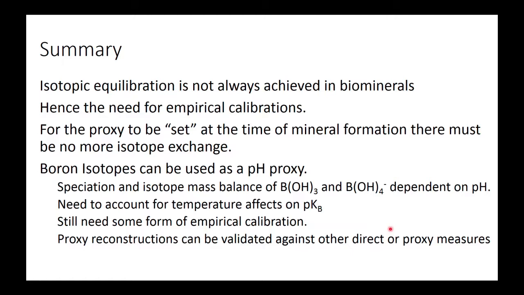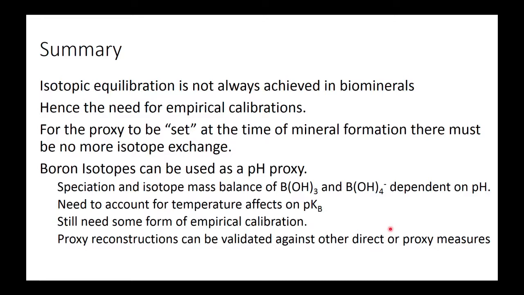Okay, so to summarize this lecture, isotopic equilibrium is often not achieved at all. Although it's the underlying mechanism for why we think there is a temperature dependence on isotope fractionation, we actually don't get close to that theoretical value for the fractionation between two phases.